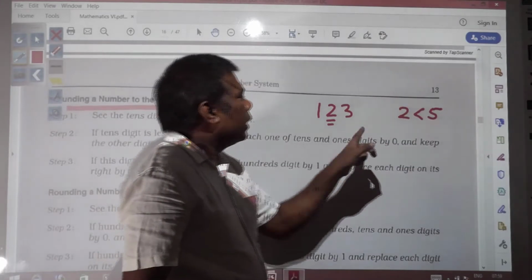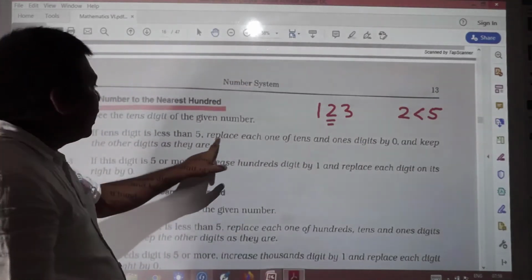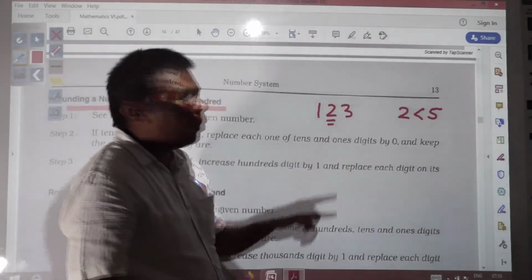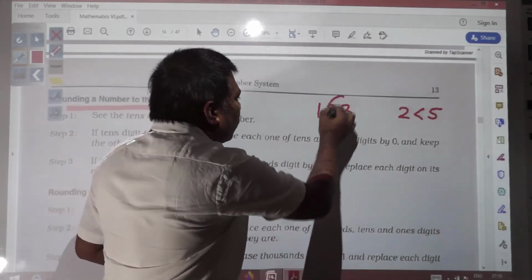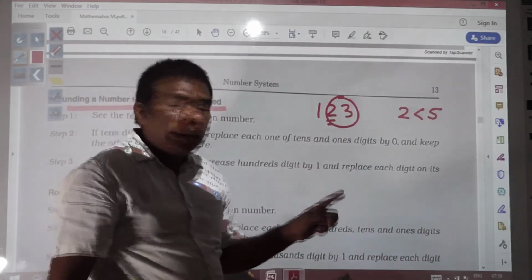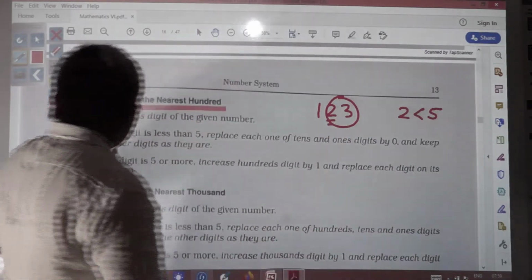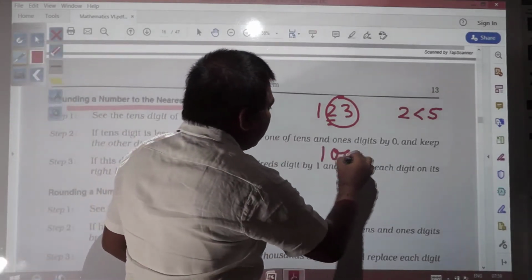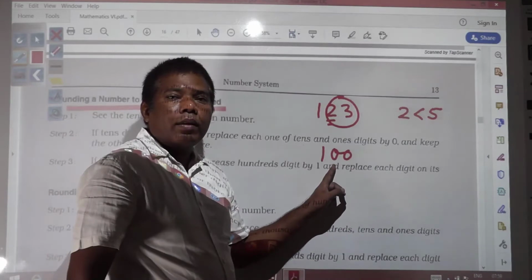Then what do we need to do? Replace each of the tens and ones digits by 0 and keep the other digits as they are. So this will be 1, double 0, which means 100.